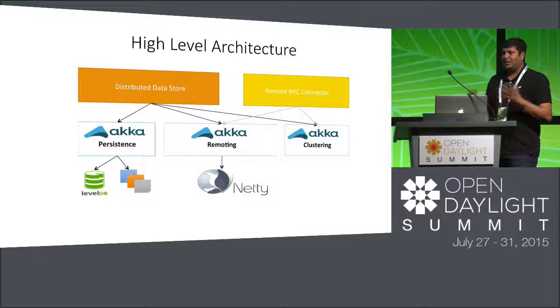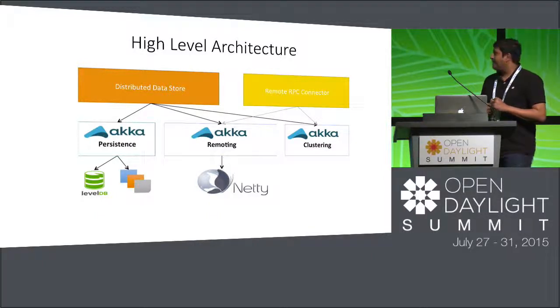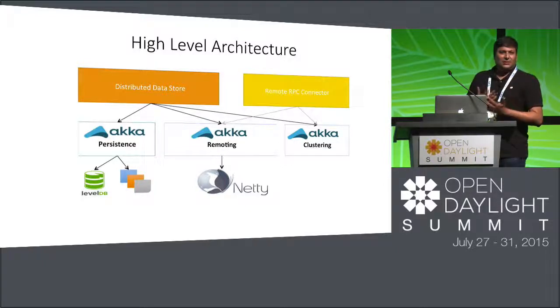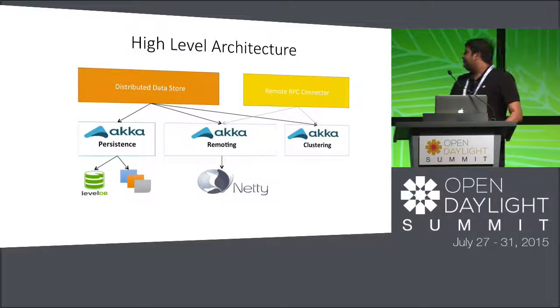So for example, if you have two nodes, and you want to find out where the other node is, or what its IP address is, like where it's hosted, Akka clustering is what gives us that. And Akka clustering also gives us other things like, for example, is the member alive or dead, or is it reachable or not reachable, things like that. So this is the common base that all these modules are built on.